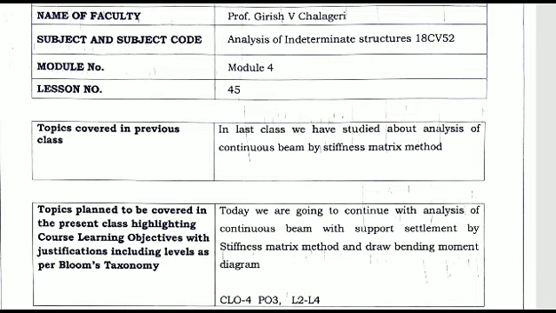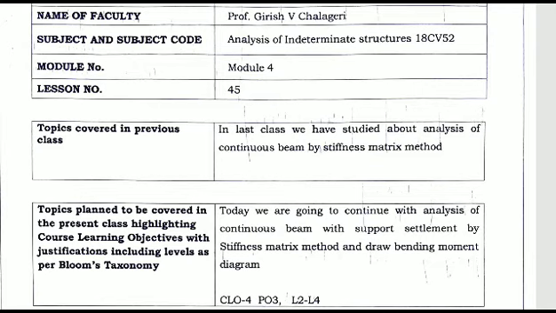In the last class, we studied the analysis of continuous beams by the stiffness matrix method, where we saw a number of continuous beams, regular beams with loading conditions. In the second problem, a regular beam with movements at the ends was given. We solved that also.